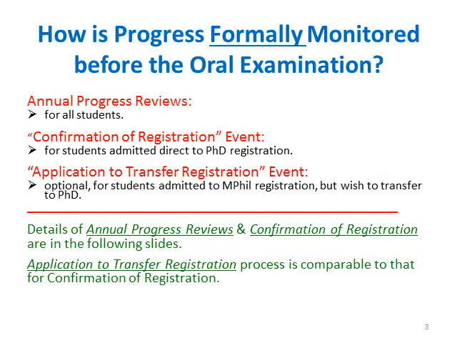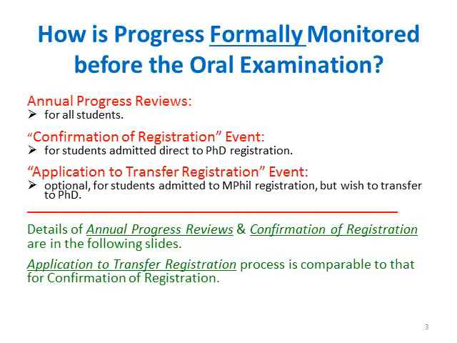The confirmation of registration event is for students who are admitted direct to PhD registration at the start of their course. And the application to transfer registration event is for students who are admitted to read for an MPhil, but have decided they wish to transfer to a PhD.